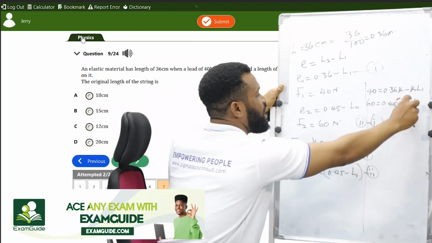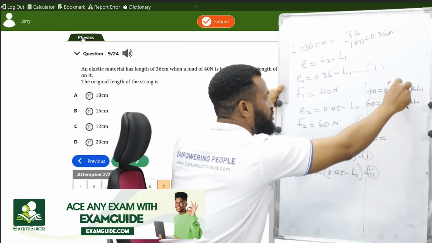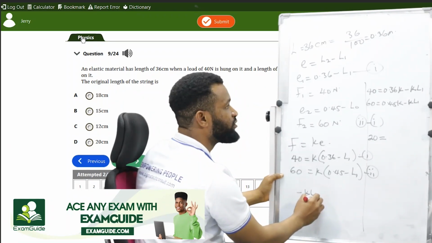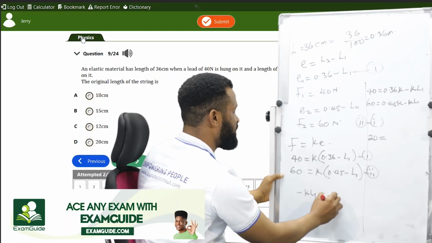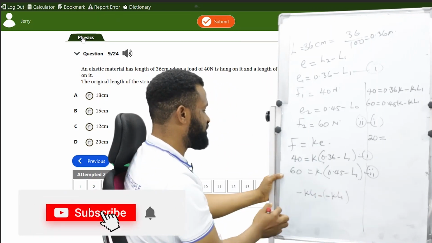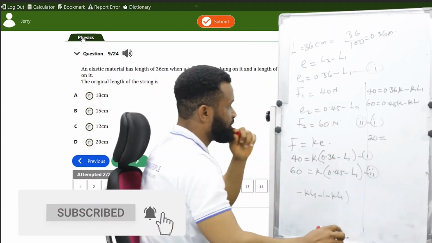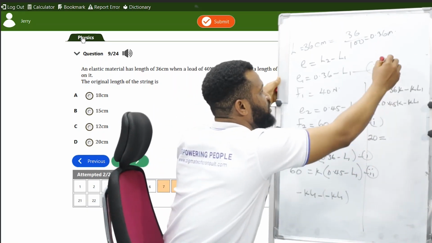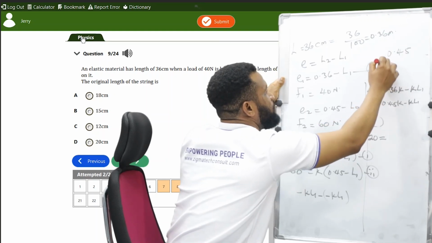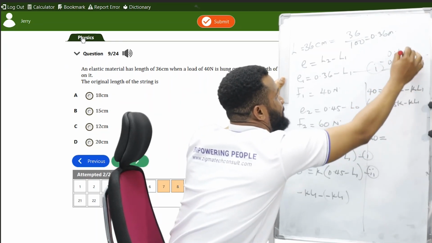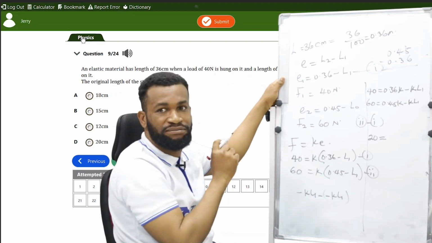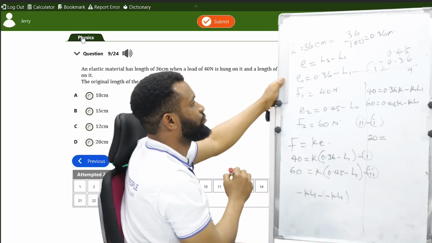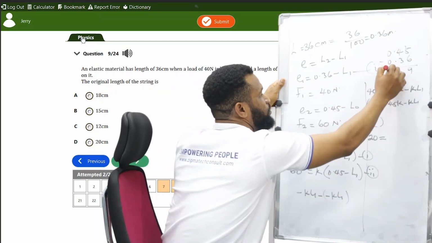So if I say equation 2 minus equation 1, I'm going to have minus KL1 minus KL1. Yes, they are going to eliminate. So we are in a very good track. So I'm going to have 0.45 minus 0.36. So 15 minus 6, we're going to have 9. So what is remaining here is 3, so 0.09.